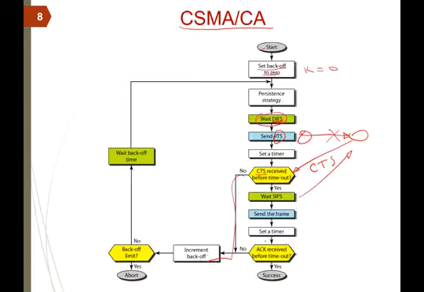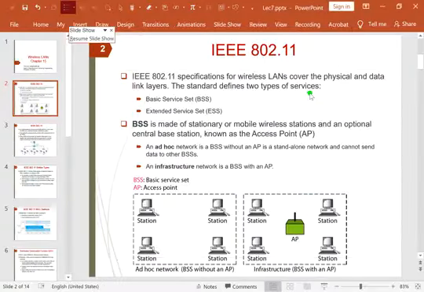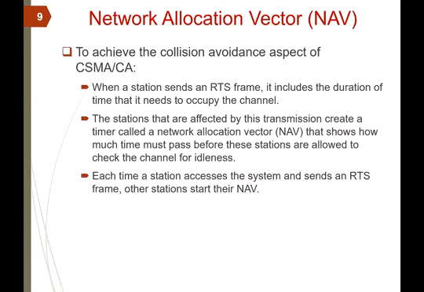In this control frame, you tell that you want the channel to be occupied, for example, for 1 second. All the other stations will hear this RTS, not only the intended receiver. The other stations will also hear this, and they will know that the channel will be occupied for 1 second.